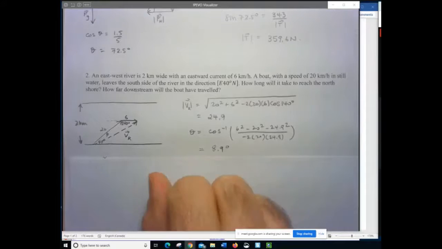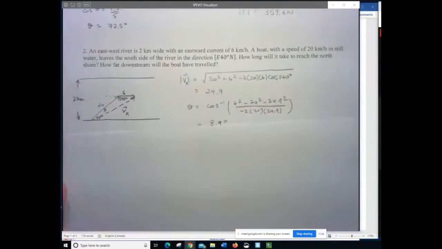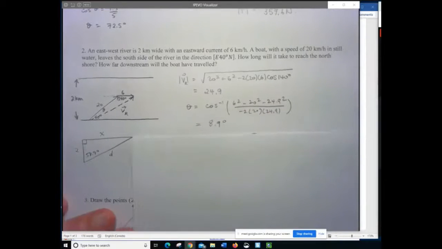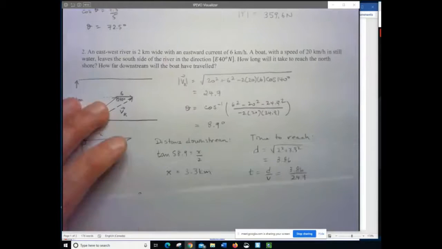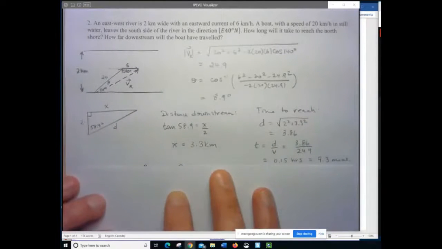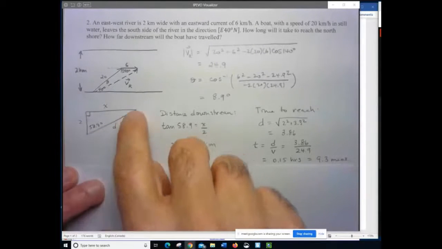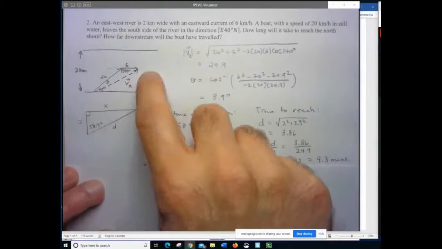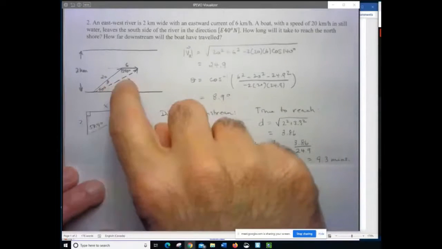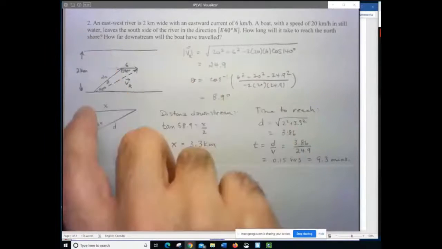Now, I'm going to do the second one first. When I do how far downstream, I'm actually going to, oops, I don't want to show that. Okay, I'll just show the whole thing. There you go. How far downstream? I use the fact that whatever distance it travels along the water to go across, it's going to be at the same angle as the velocity. And I already know one side of this triangle.